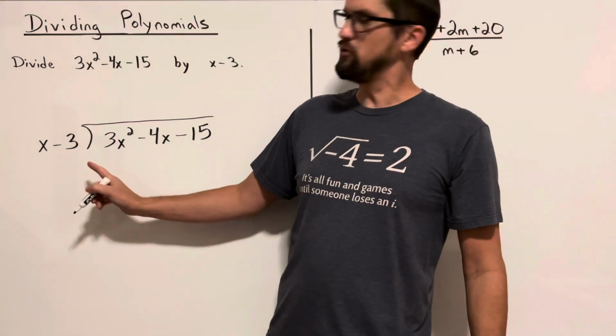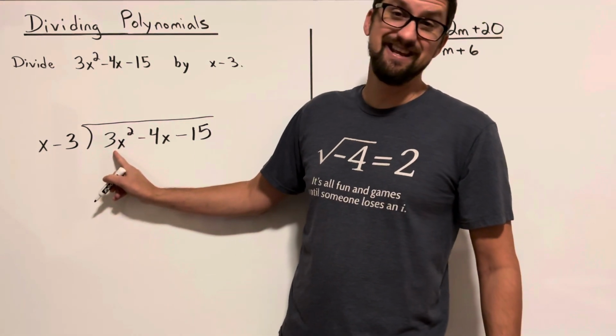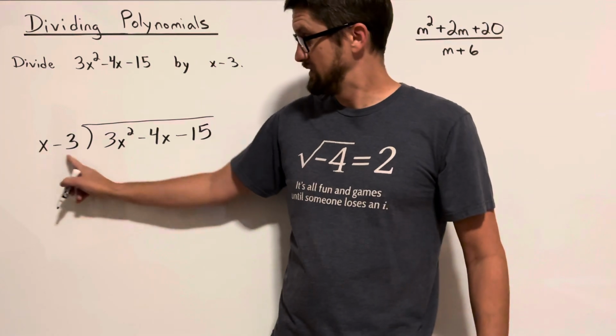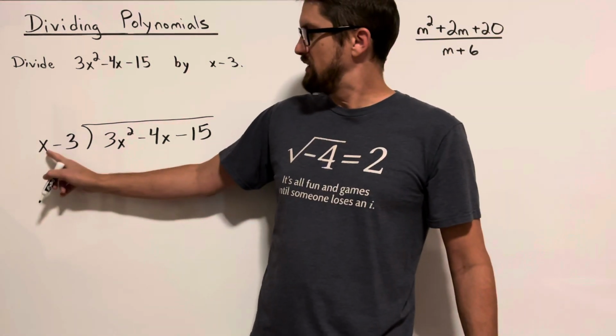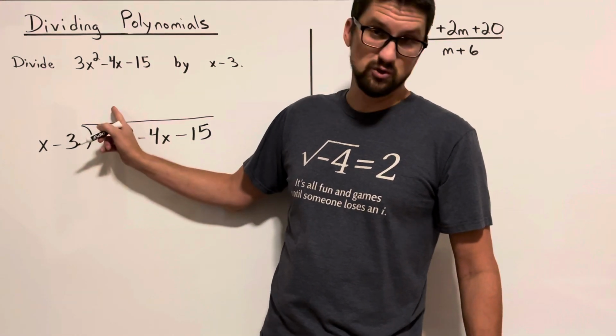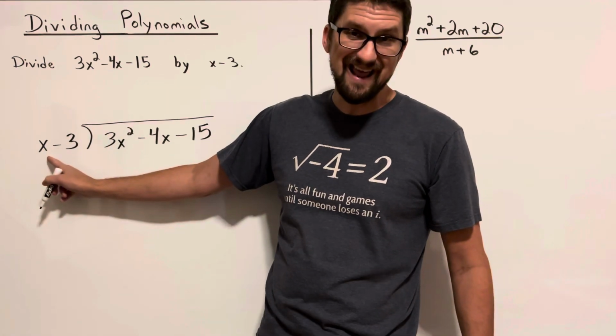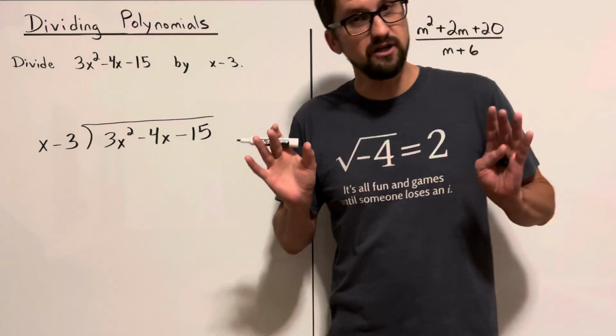All right, now what you want to do, this is going to be the long division. The first thing you want to focus in on is the x and the 3x squared. At first, you can ignore the minus 3 there. We're trying to figure out this piece right above the 3x squared. This piece is going to multiply x to give 3x squared. You can think of it two different ways.